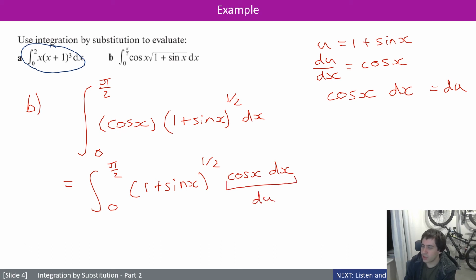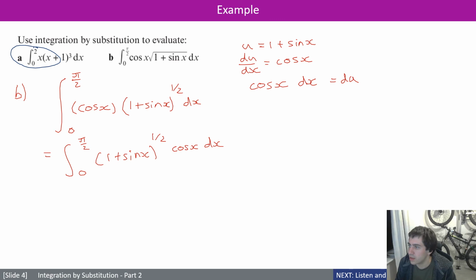But I won't write du yet because I haven't changed my limits. So that 1 plus sine x is just u, so the half, and cos x is du, and now we're going to have to change those variables.